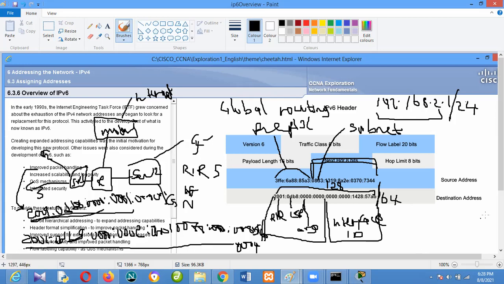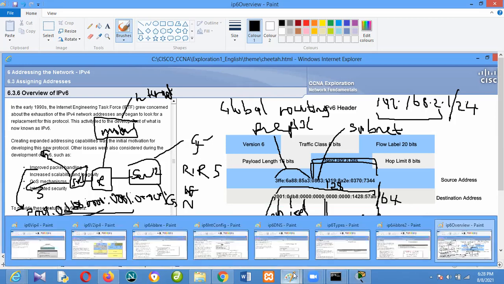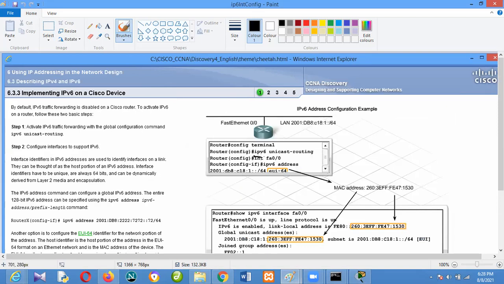And the activation code is this, ipv6 unicast-routing. You must do this in global mode. Look at it here. You must do this for your IP version 6 to be activated in your router.